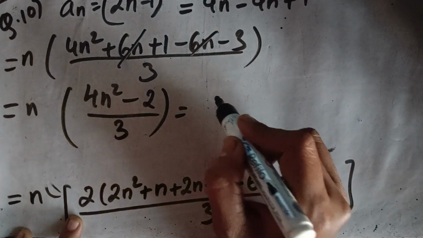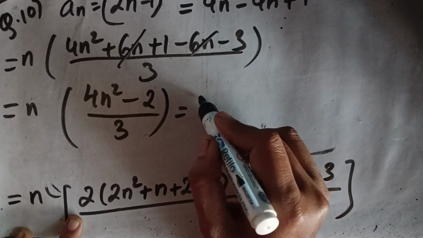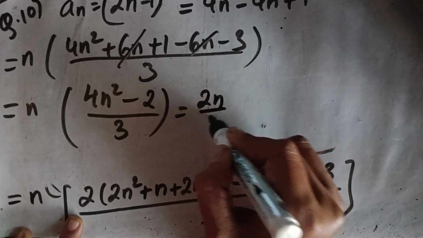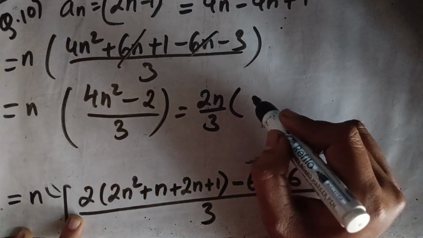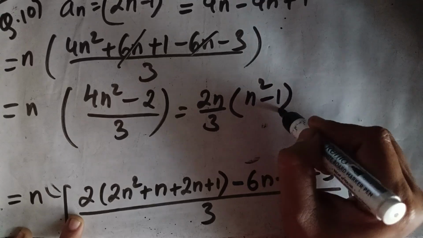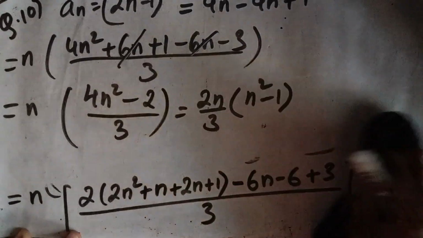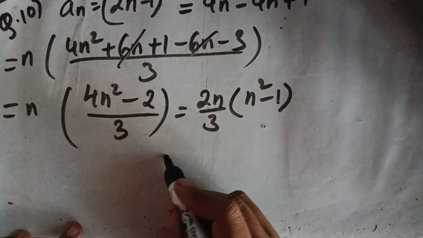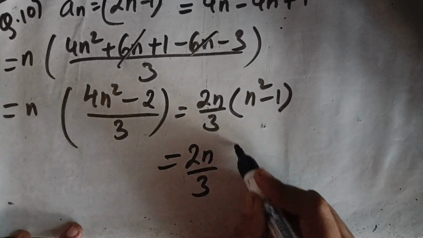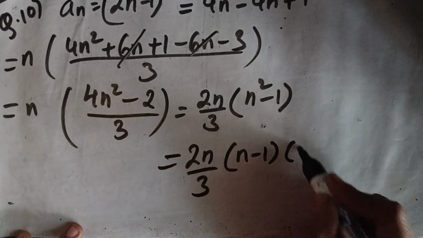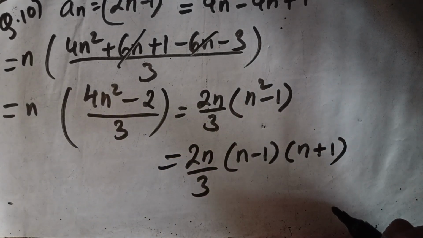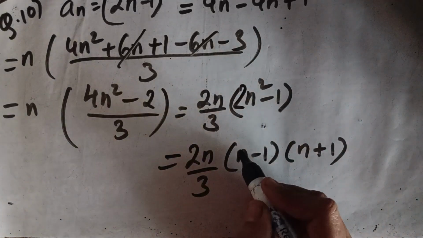So 2 you can take common here. So it will be n square minus 1. This is a square minus b square. So you can write it as a minus b, a plus b.